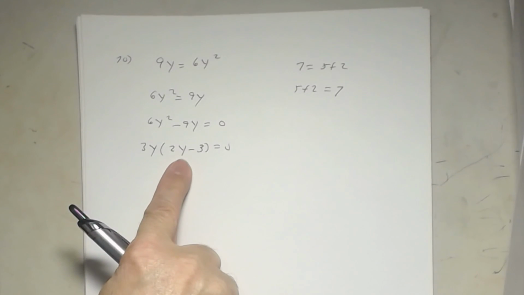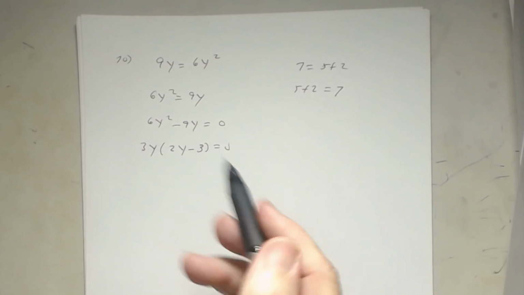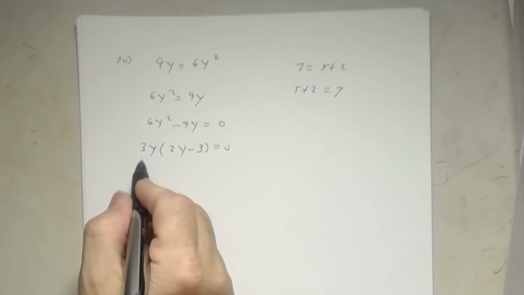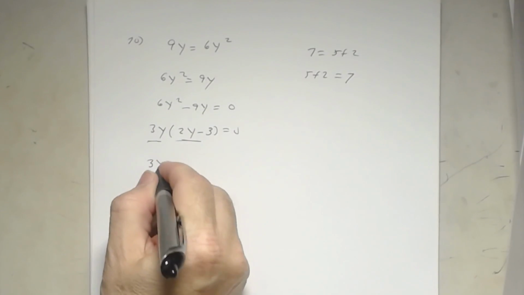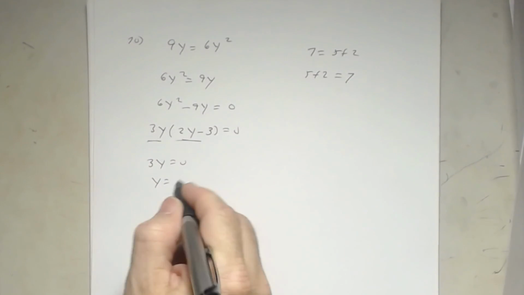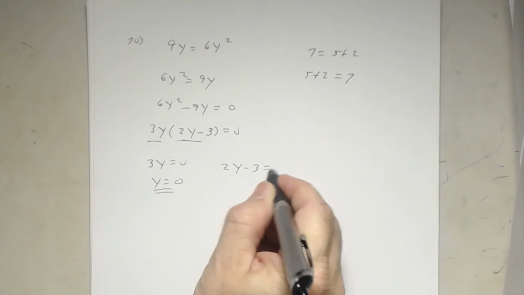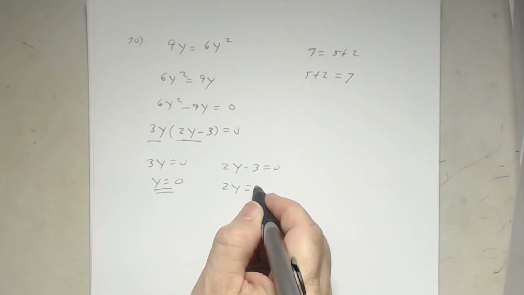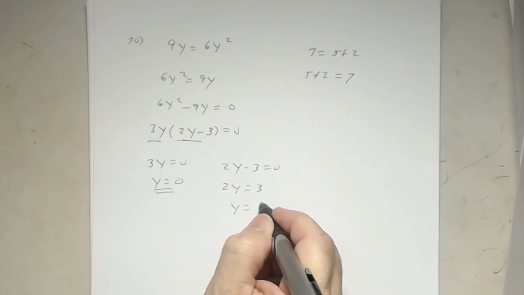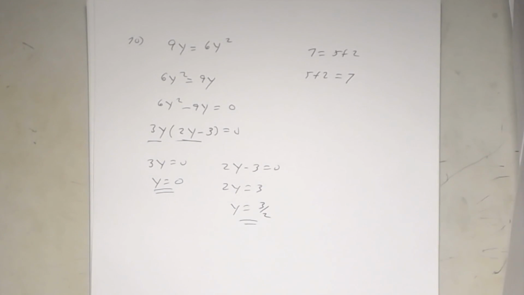That's linear, and this is a monomial. So what's the next step? Set each one equal to 0. So 3y and 2y minus 3. If 3y equals 0, that means y has to be 0. If 2y minus 3 equals 0, that means 2y has to equal positive 3, which means y has to equal 3 halves. So those are your two solutions.